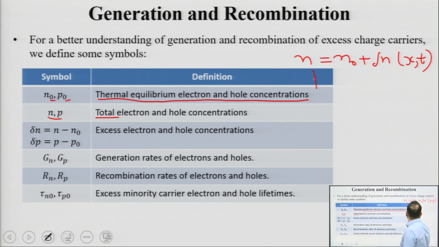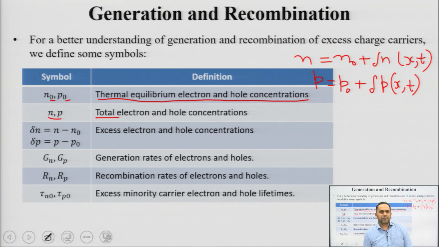Similarly, total hole concentration is equal to the equilibrium concentration plus any excess holes generated, which is a function of distance as well as time, either one or both. So, delta n and delta p are your excess charge carriers, over and above your equilibrium concentration.